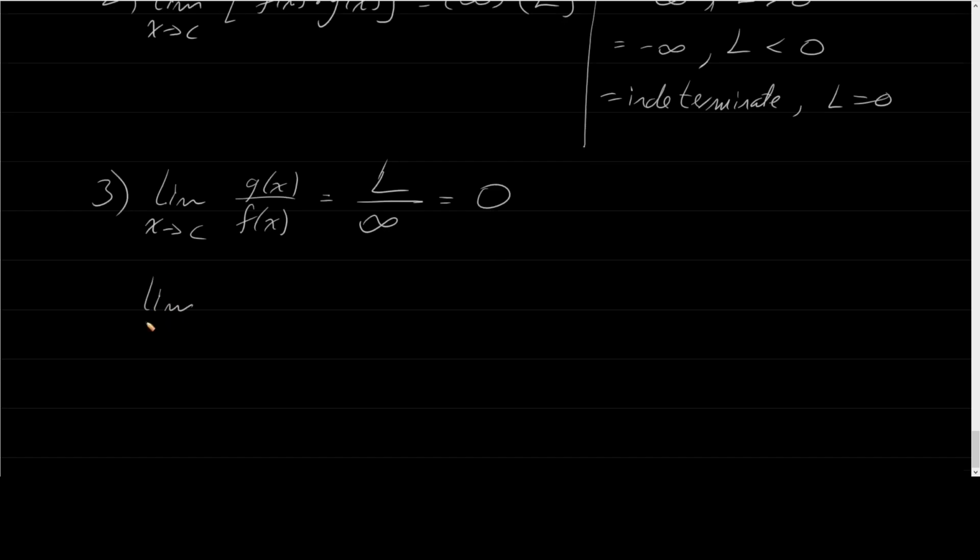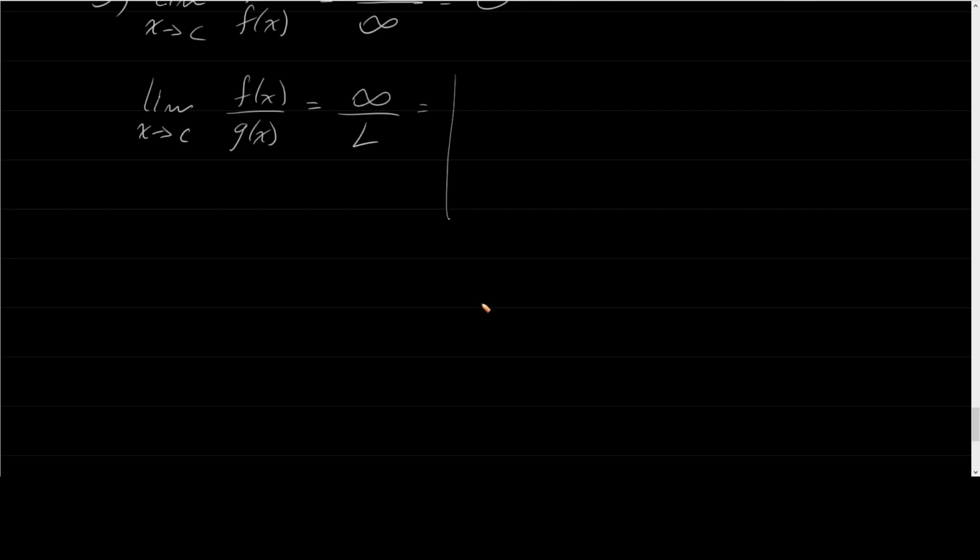If I have the limit as x approaches C of f of x over g of x, well, I end up with infinity over L. And again, here I've got three possible solutions.